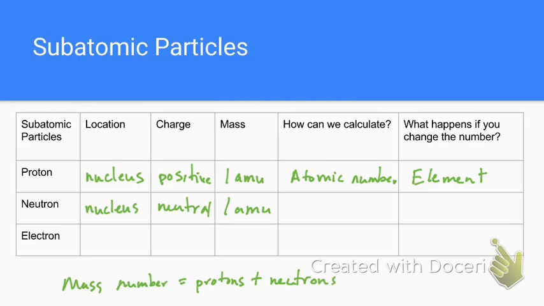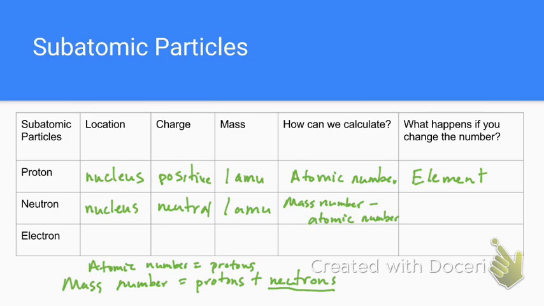Now if I want to figure out just the neutrons, I have to subtract the protons. But if you remember, the atomic number is equal to protons. So if I take the mass number and subtract the atomic number, I'll get my number of neutrons.